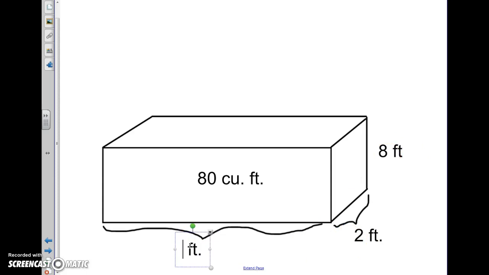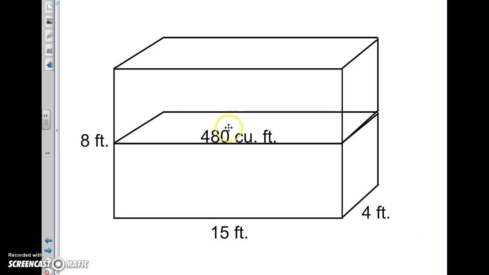If I kept the length 10, kept the height at 8, but I halved the width, that'd be 1. 8 times 1 would be 8. 8 times 10 would be 80. So as you can see, it doesn't matter which dimension we change, as long as it's one dimension that we change when we're either doubling or halving the volume of a rectangular prism. Okay, I'm going to work more on that tomorrow. See you then. Bye.